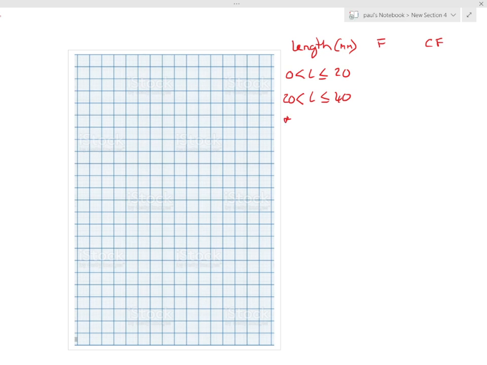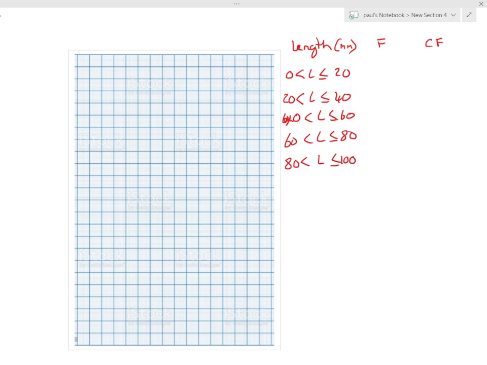Well, let's stop there. 40 and 60, 60 and 80, that is supposed to be an L in the middle, and 80 and 100.